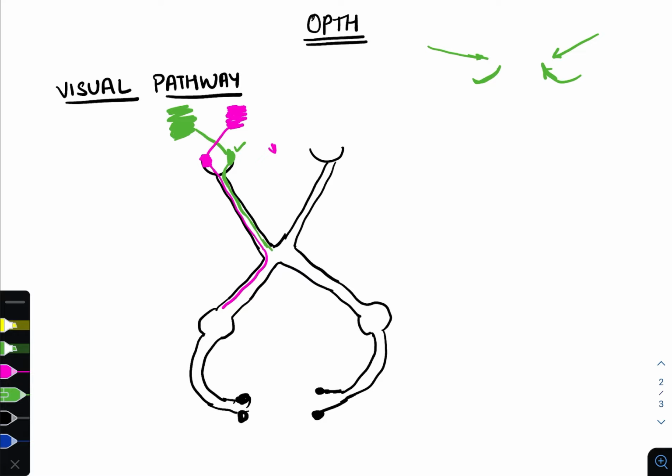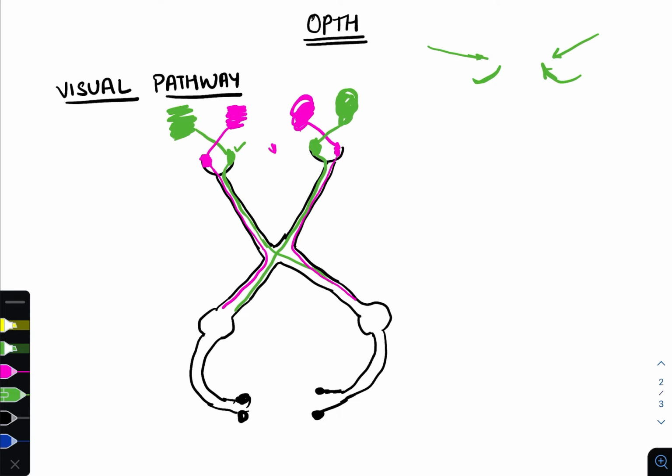The same happens on the other side: the fibers from the temporal retina go on the same side without crossing each other, while the fibers carrying the temporal field, which falls on the nasal retina, cross in the optic chiasma.